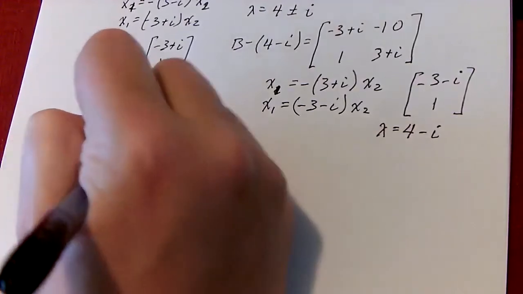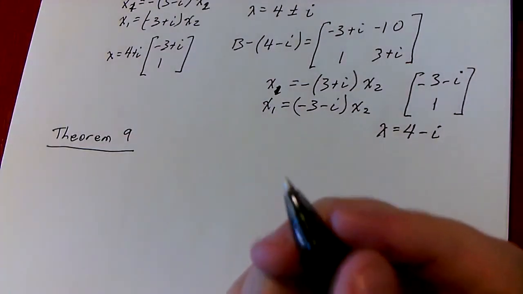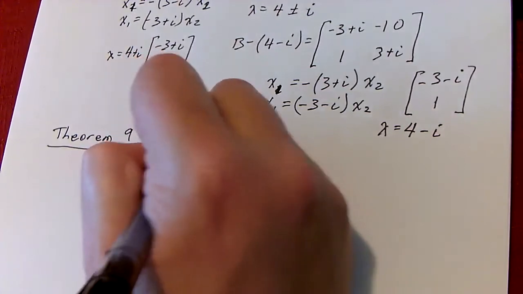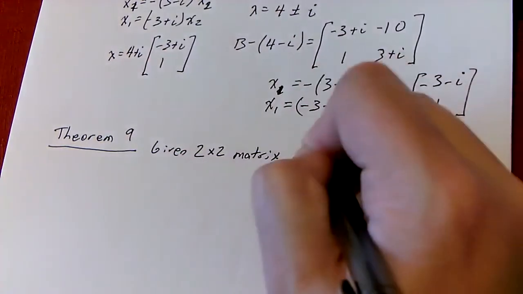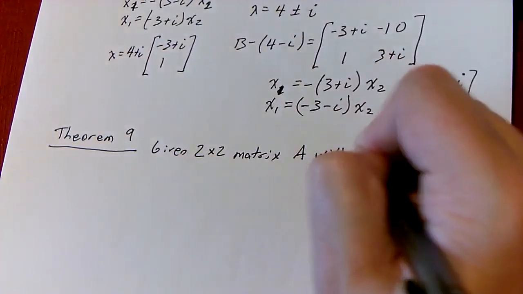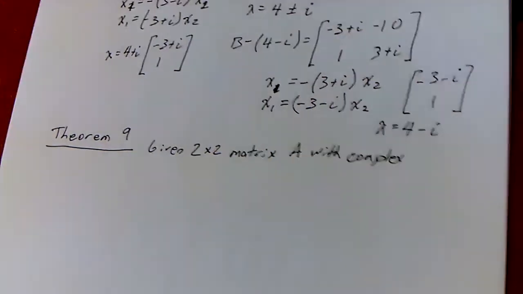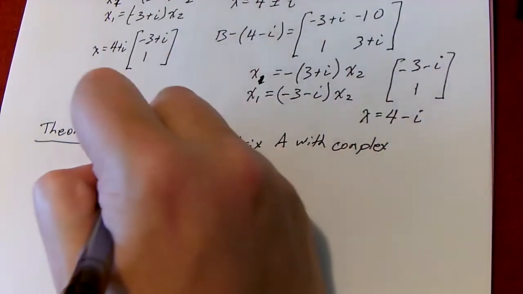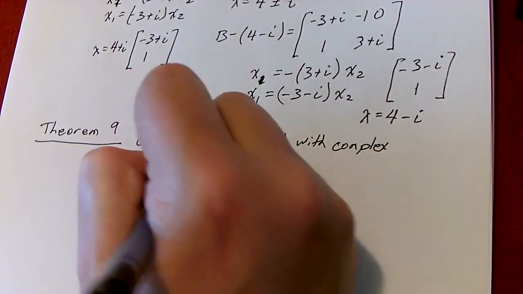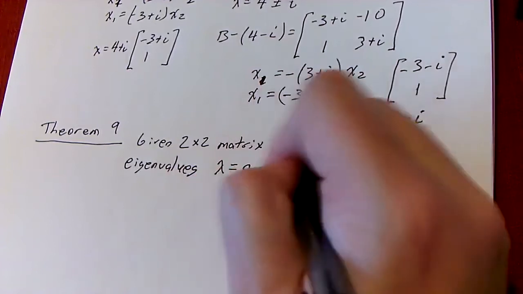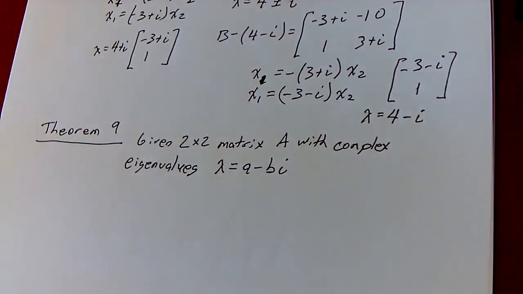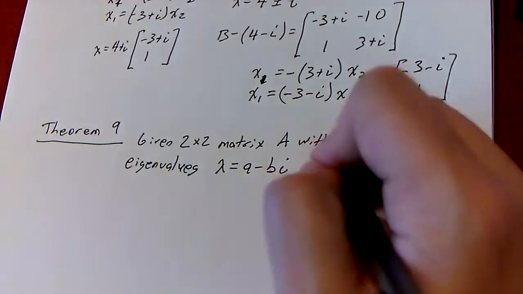So theorem 9, okay, says that given a 2 by 2 matrix A with complex eigenvalues, lambda equals a minus bi, so just a generic complex eigenvalue. So naturally, we know the other complex eigenvalue must be a plus bi, but I know a minus bi.